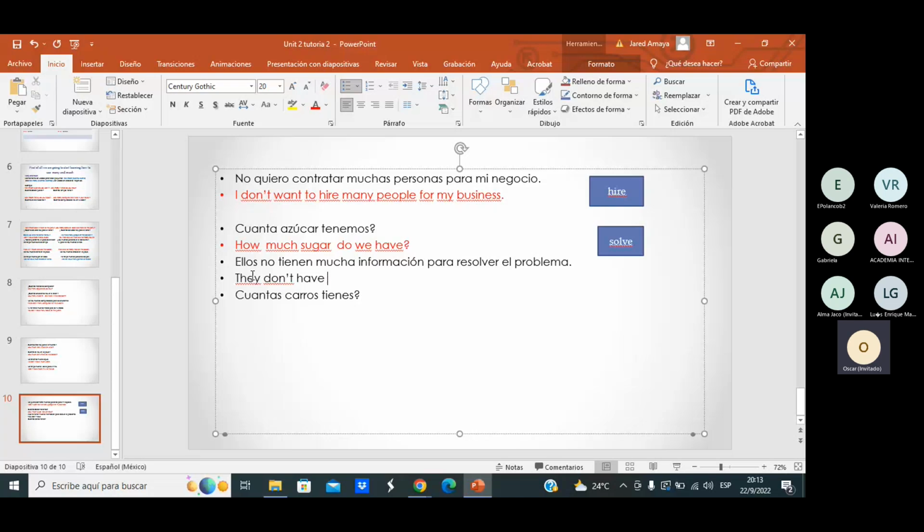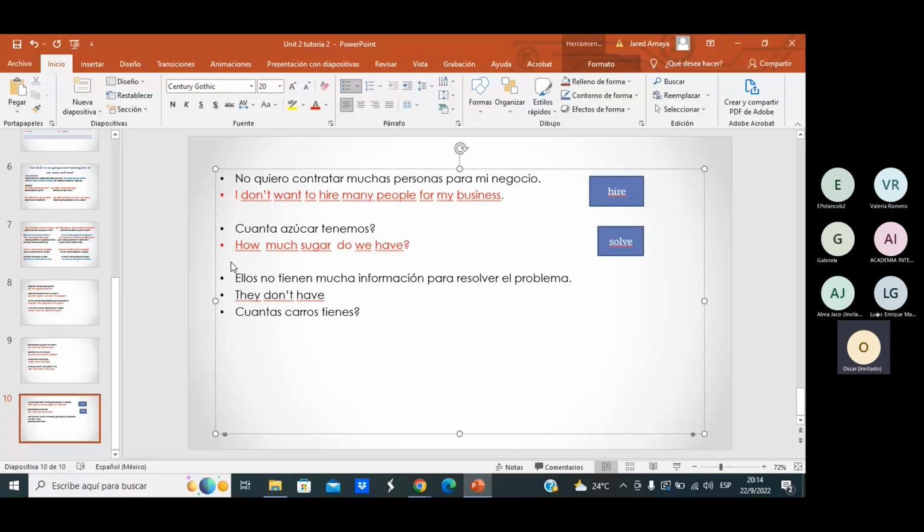They don't have information, you said, but you are not using the quantifier. They don't have many or much. How much? But that is not a question. That is a negative sentence. I don't have much sería.